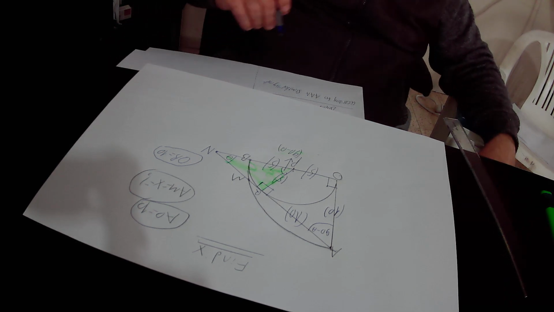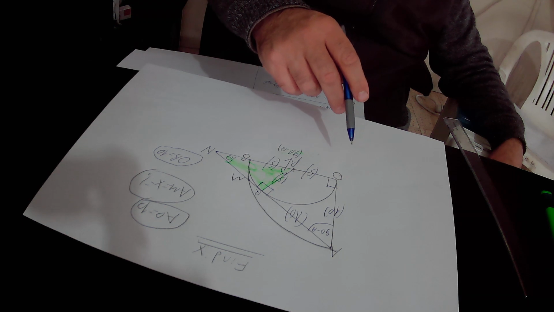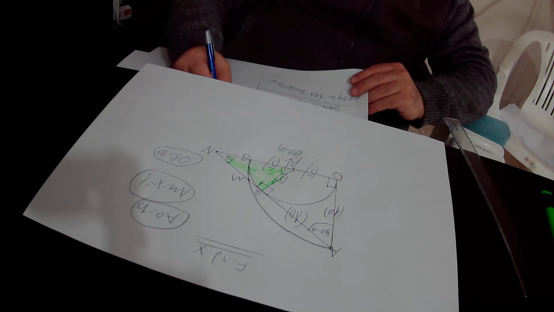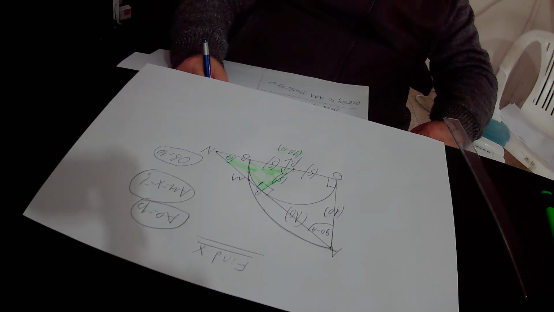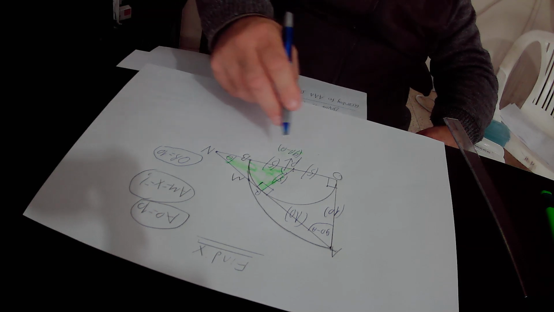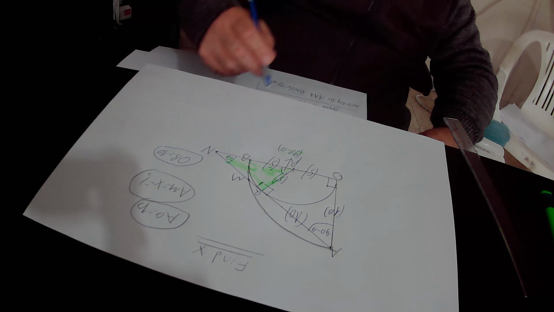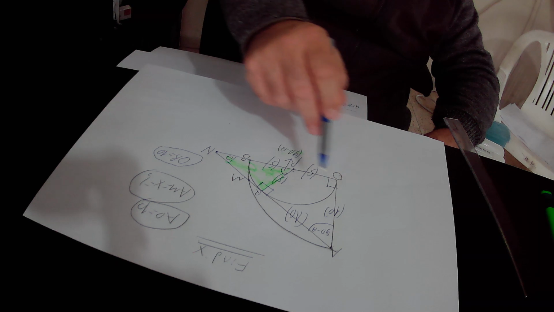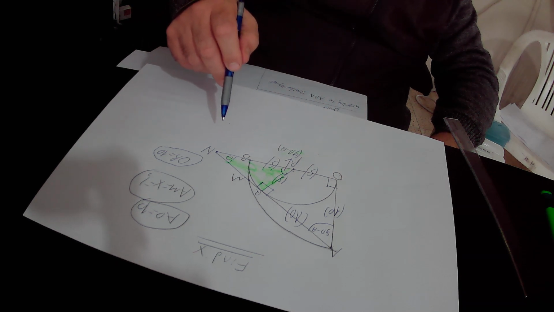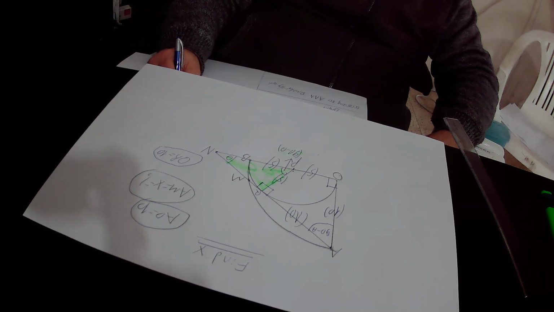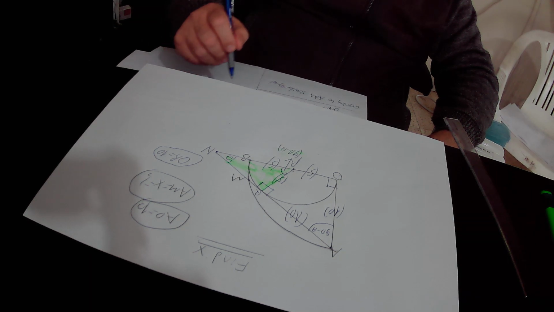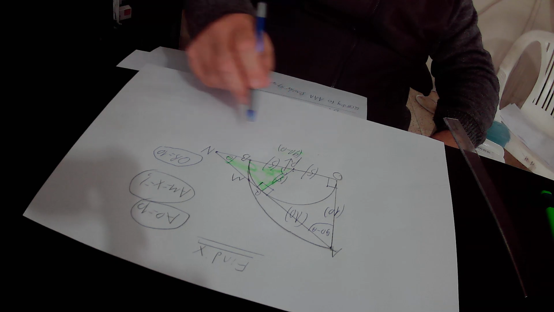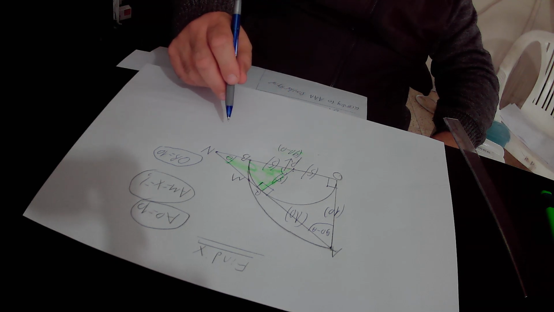We derive that side AO in the big triangle AON over side QP in the small green triangle QPN equals side AN in the big right triangle AON over side PN in the small green triangle PQN.